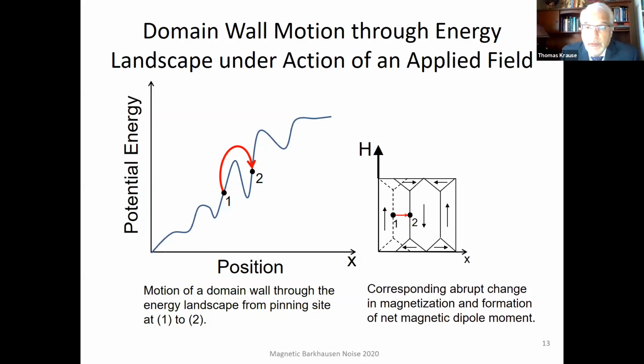In fact, except for electrical steels, they're often going to be on pinning site number one, and they're going to hit another pinning site, number two, and it can be explained in terms of a potential energy expression where the domain wall actually jumps from 1 to 2 very rapidly. And that is our Barkhausen event. The net result of that is a magnetic dipole moment that forms, and that, of course, results in magnetization of the material.